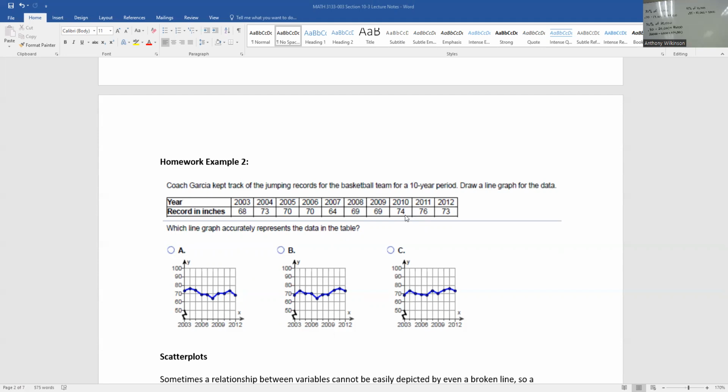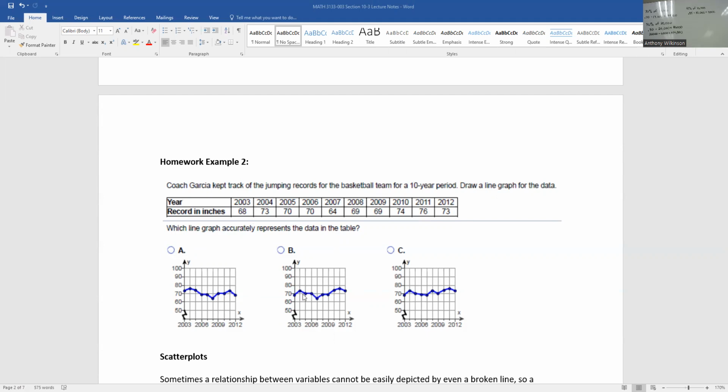So which one do you think would best fit this data set, A, B, or C? It's B, because I noticed at B for 2005 and 2006, they're both at 70.